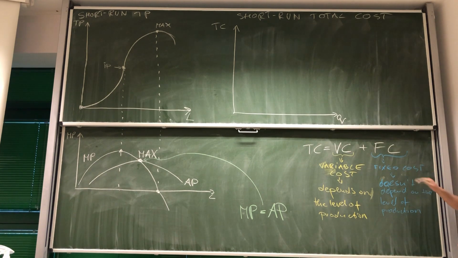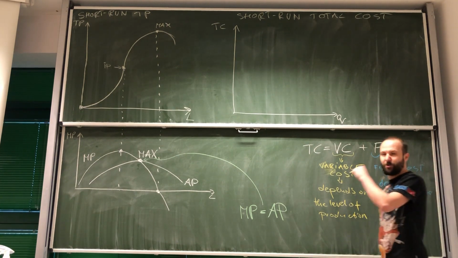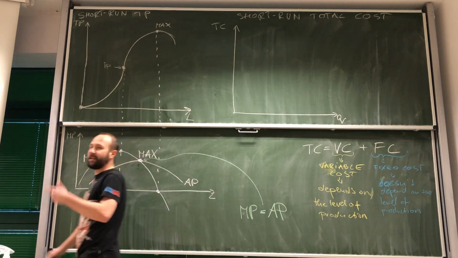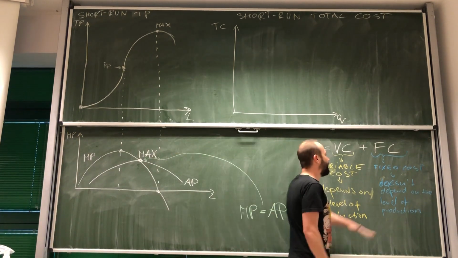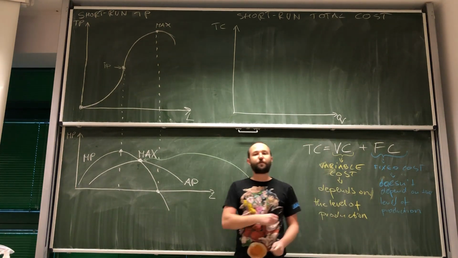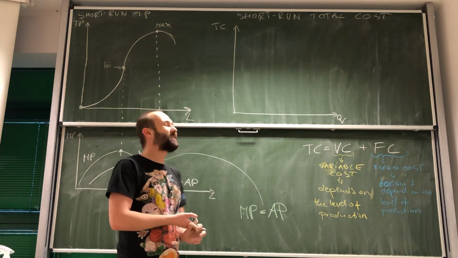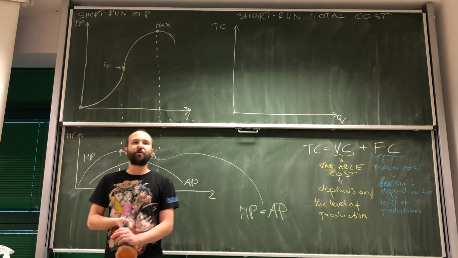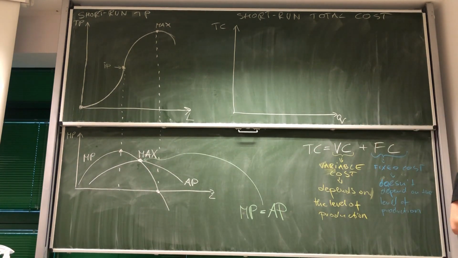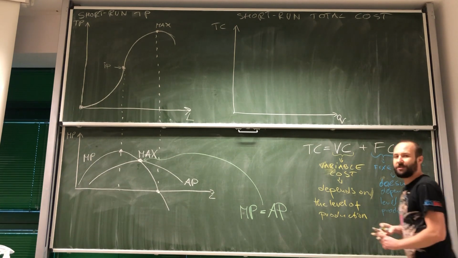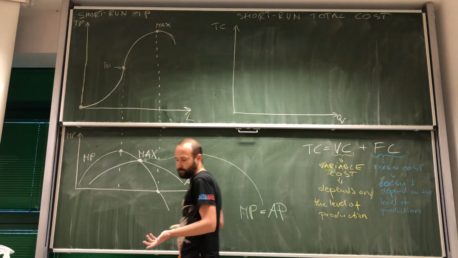So, an example of a fixed cost. Look, if you are renting a factory, it doesn't matter if you're producing or not. You need to pay the rent. You need to pay your accountant. And it doesn't really matter if your company produced one car this month, 2 cars, or 500 cars, you still need to pay the accountant the same amount.